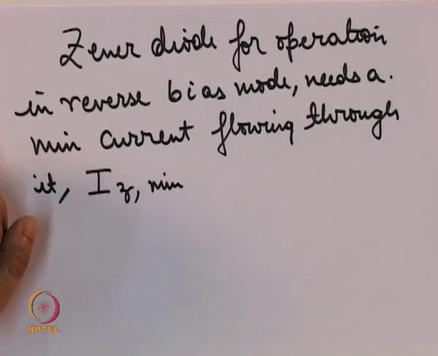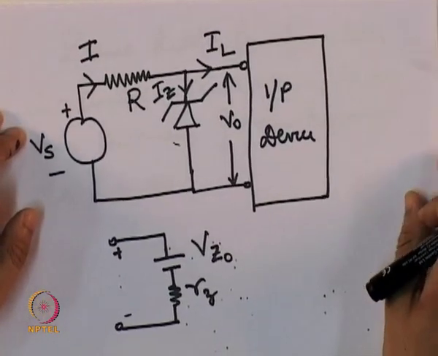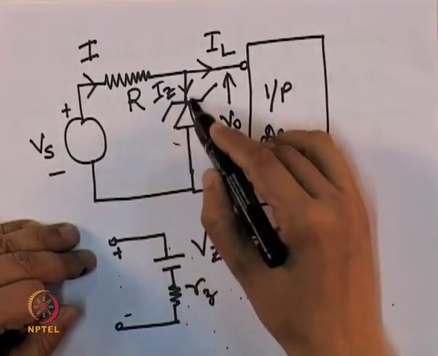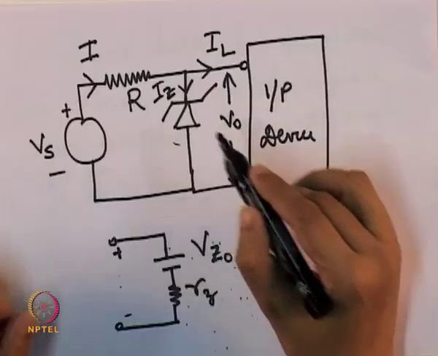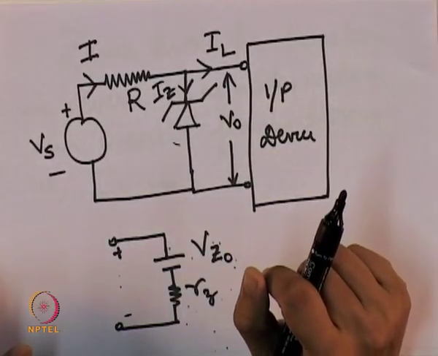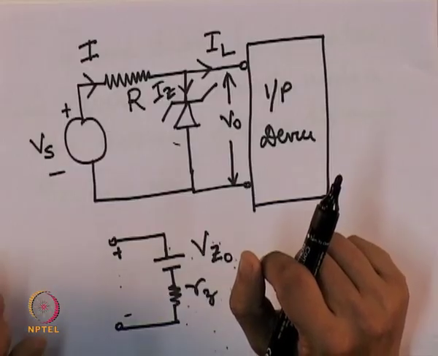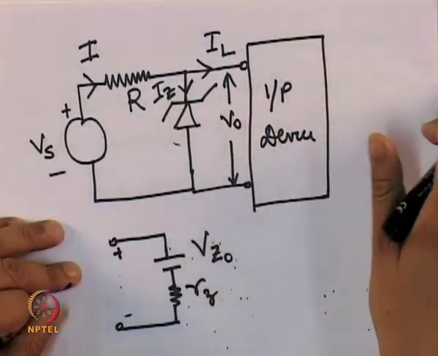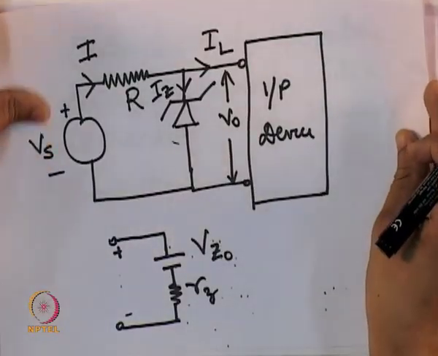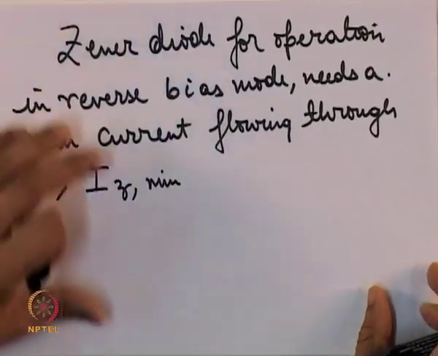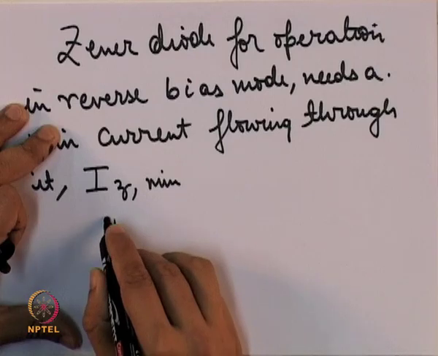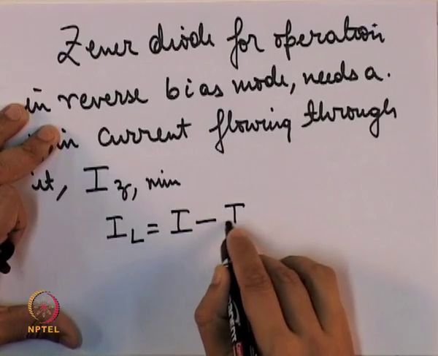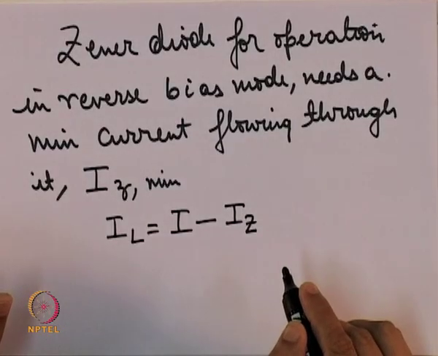Now, coming back to the circuit, suppose the current IZ flowing through the Zener diode is equal to the minimum value IZ min. Then what is the current flowing through the load, this IL? Now, we know that IL is equal to the current from the source minus the current through the Zener diode.